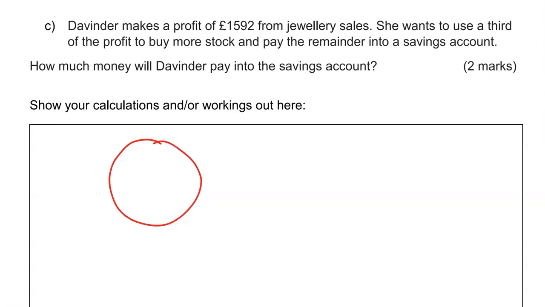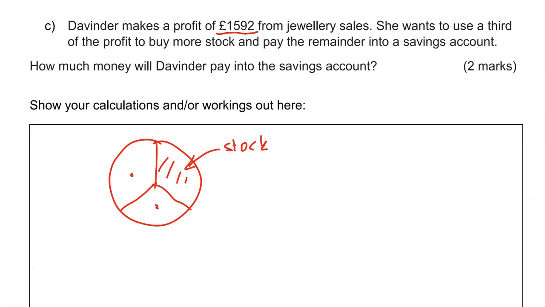So I'm going to split this into 3 parts. The total is £1,592. So 1/3 will go towards buying more stock, and the remainder into a savings account.